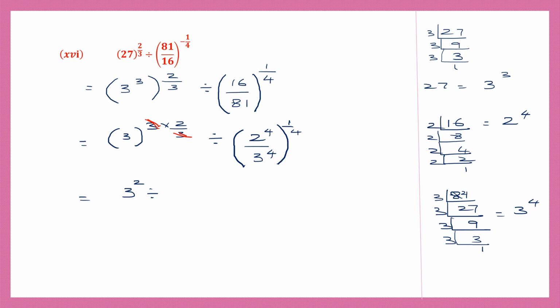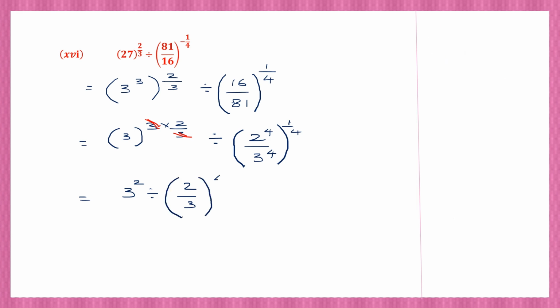Okay, so let's write that. So this becomes 2 by 3 raised to the power of 4, which is again raised to the power of 1 by 4. So I can multiply 4 into 1 by 4 and we can cancel this. So it is 2 by 3 into 1.